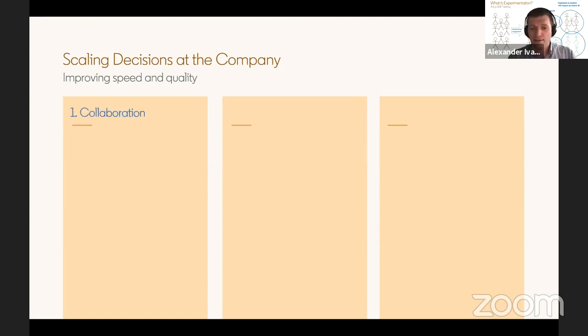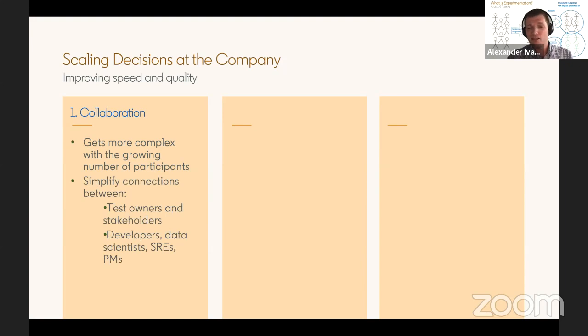And there are three things you could do to scale the decision making. First of all, pay more attention to collaboration, because it gets more complex with the growing number of participants. And if you do not organize or structure the interactions between people, they will grow as big as n squared of the number of participants.